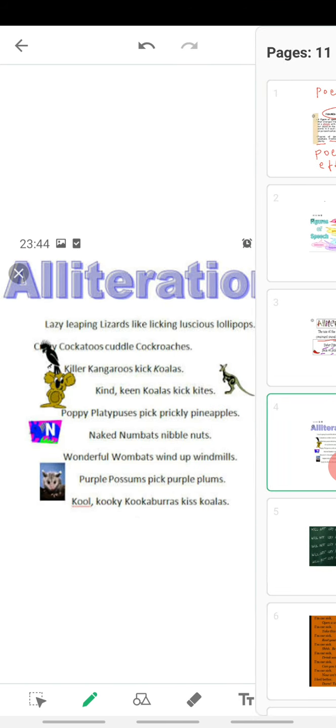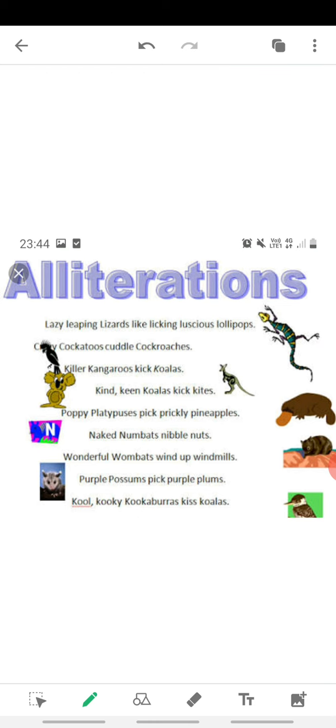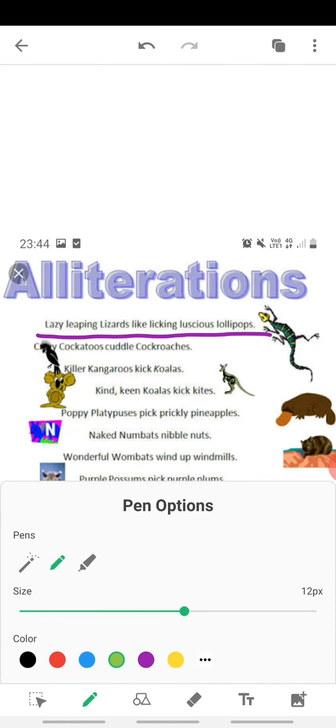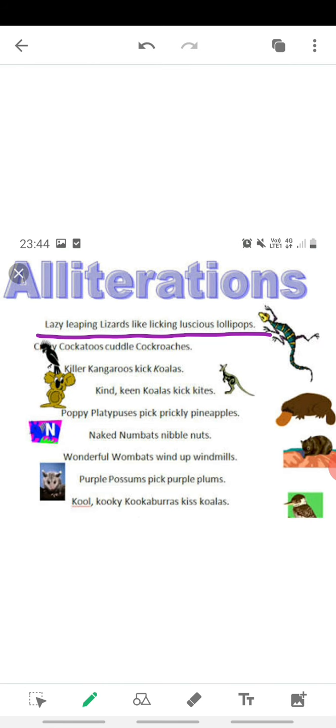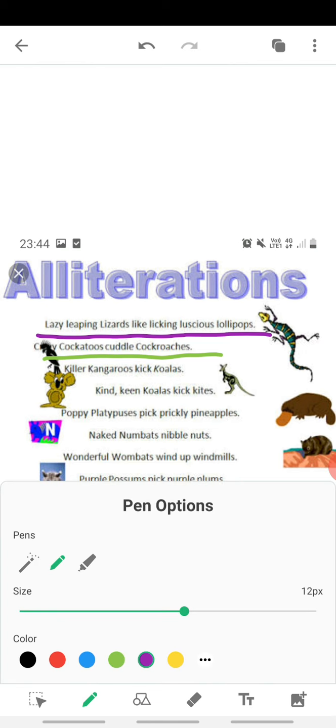Let me show you one more example of alliteration. Lazy leaping lizards like licking luscious lollipops. Look at the next example. Crazy cockatoos cuddle cockroaches. Let's see one more example.